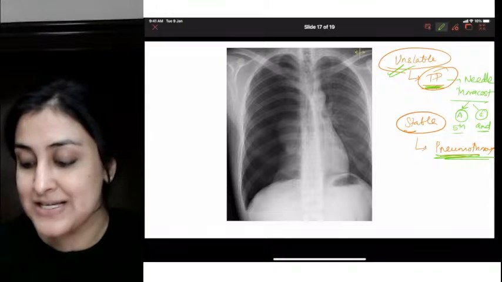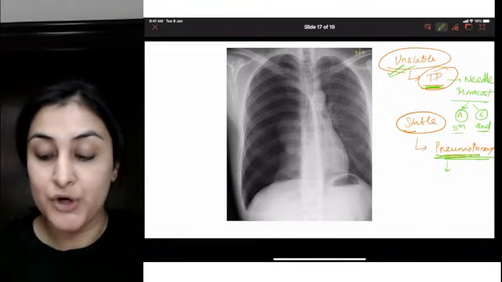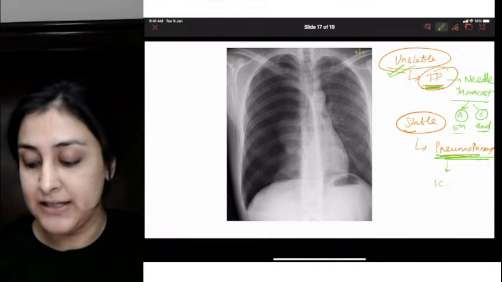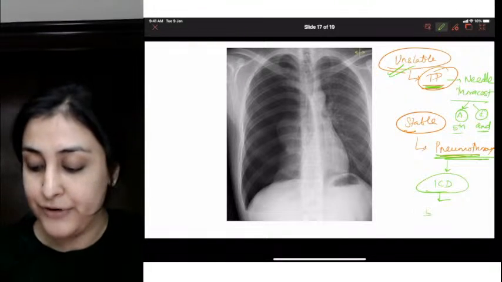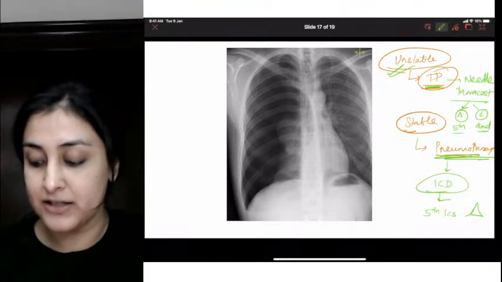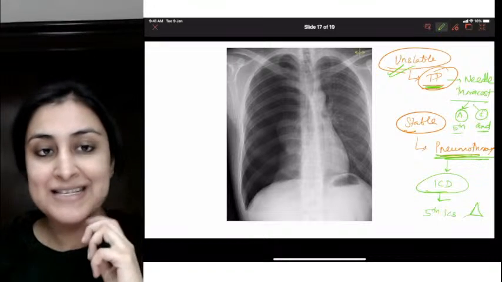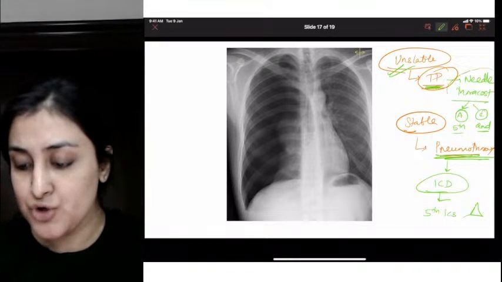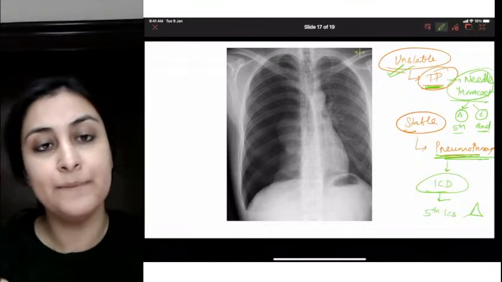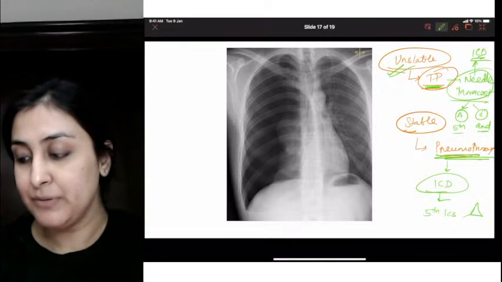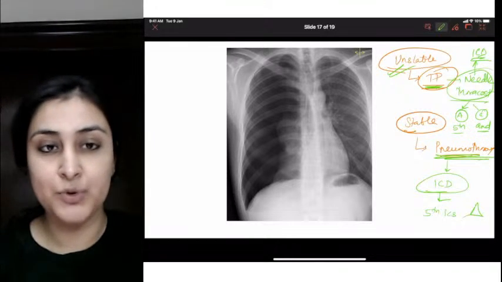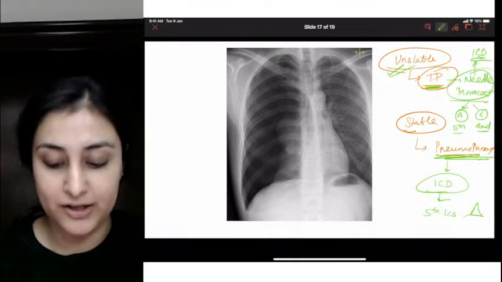On the other hand, for a stable pneumothorax, no need to put a needle. Go ahead with ICD. Where do you put the ICD? 5th intercostal space, triangle of safety. Okay, is this clear? And will you stop at the needle in tension pneumothorax? No. First put the needle, then calmly put the ICD. Okay? Everybody, is this clear? This entire approach also we've done, but we've forgotten radiology like always.